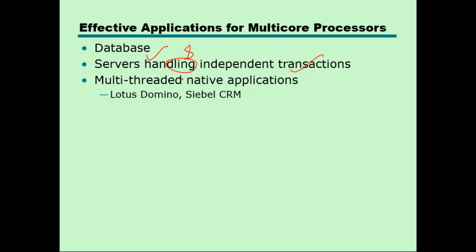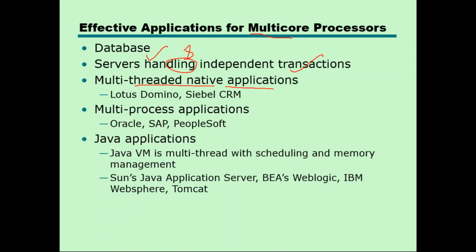And in a multi-threaded environment, if the software has more than one thread simultaneously executing, then each thread can be given to each core. So multi-threaded applications can also exploit multi-core processors better.